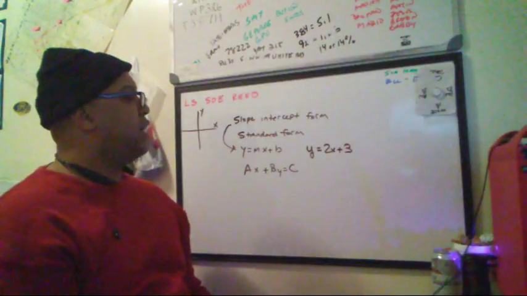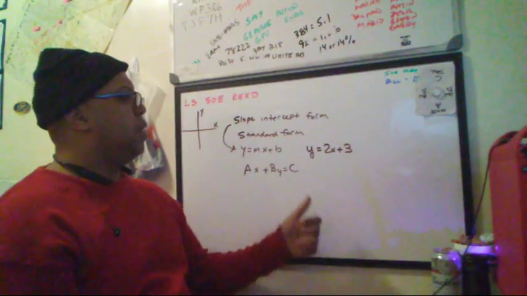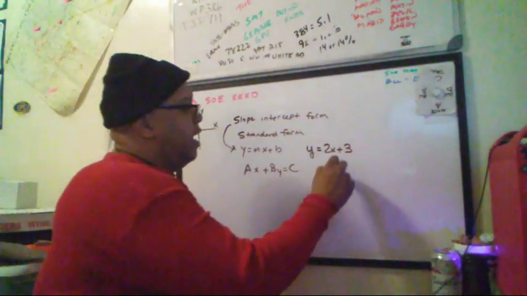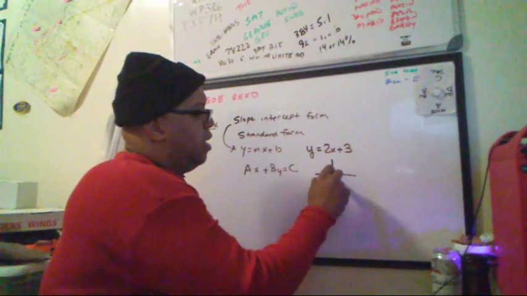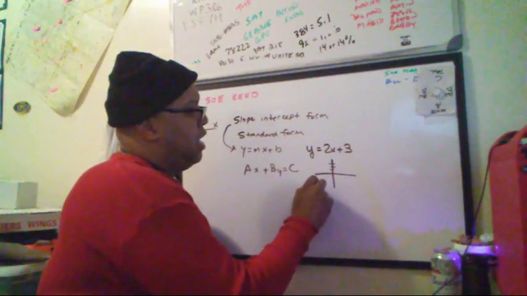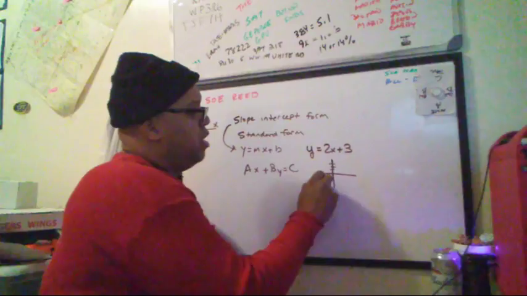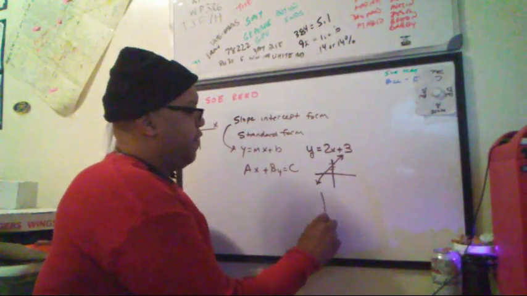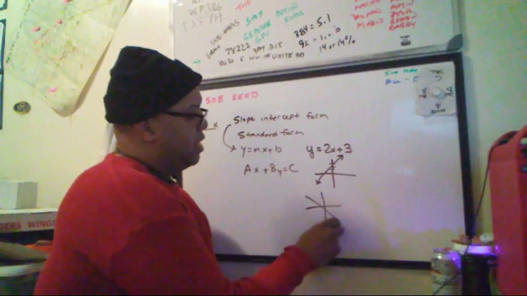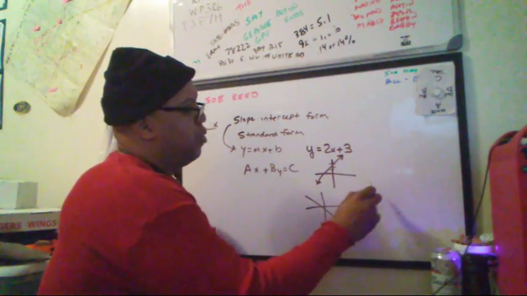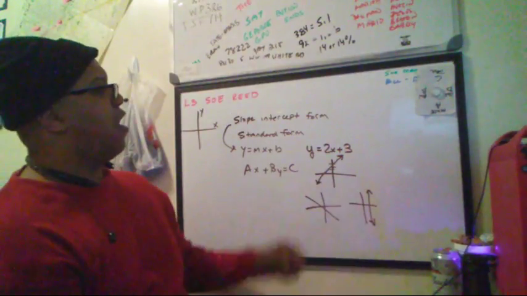Because sometimes in testing, they'll put a bunch of graphs up and they'll say, which graph represents this line? And I should see 1, 2, 3 points above the origin, and the line should be 2 over 1. It should be something like this. If it was going like this, or like this, these would be the wrong graphs to pick. So your graph will look like that.